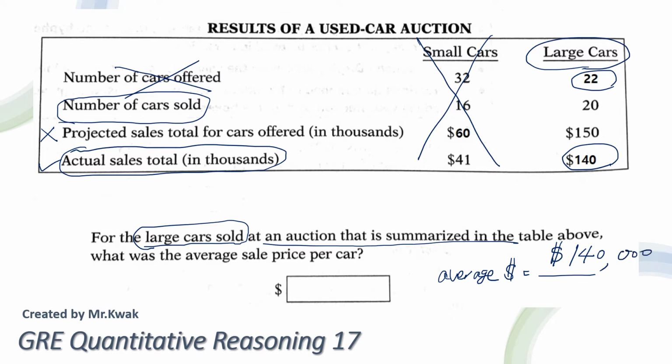140,000. Be careful, guys, it's inside of the parentheses. And then we can divide it by something. What was it? It was a number. I'm sorry about that, guys. Not 22. It should be 20, because the question is asking about the number of large cars sold.